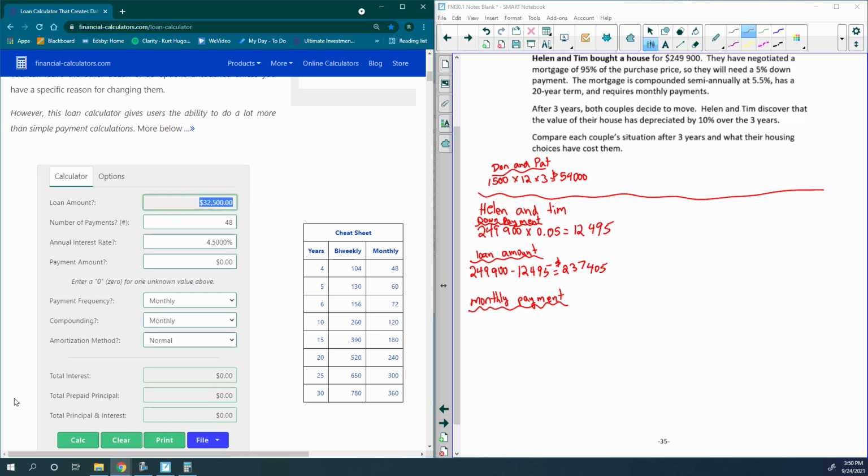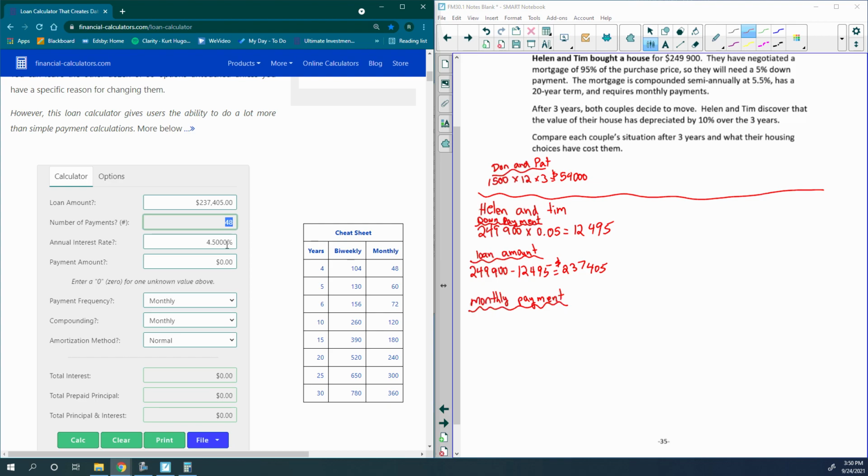So our loan amount was $237,405. Okay, so for the number of payments, for a mortgage, you're doing monthly payments, and it's for 20 years.